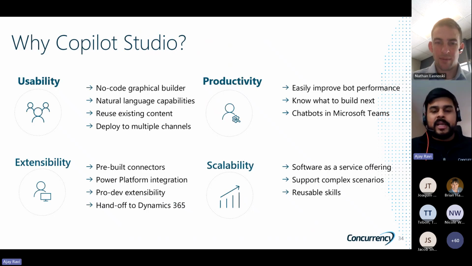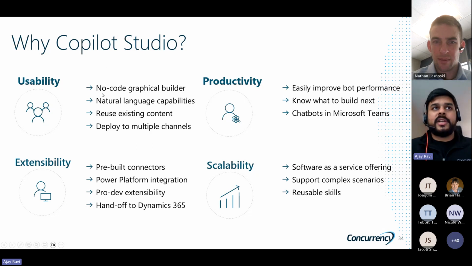So if you look at why Copilot Studio, usability is one of the great advantages of using Copilot Studio. You are basically using literally no code, and using the graphical builder, you can create all the custom logic and everything. That is one of the biggest advantages, and you do not actually require a developer or a data scientist to build all the OpenAI.